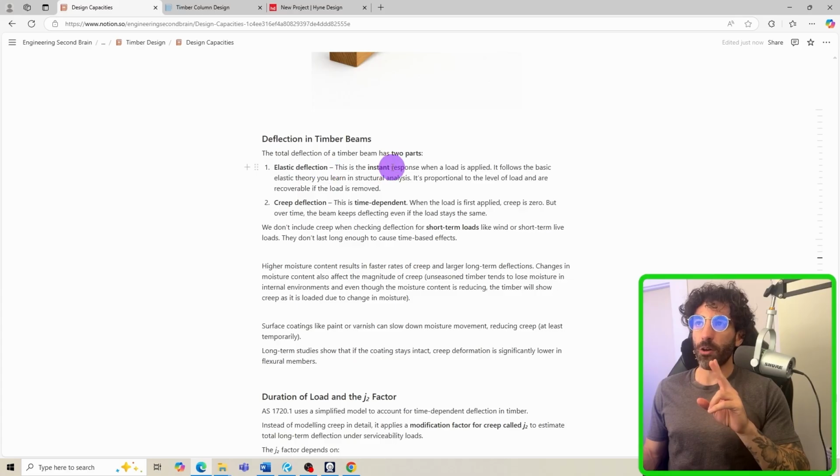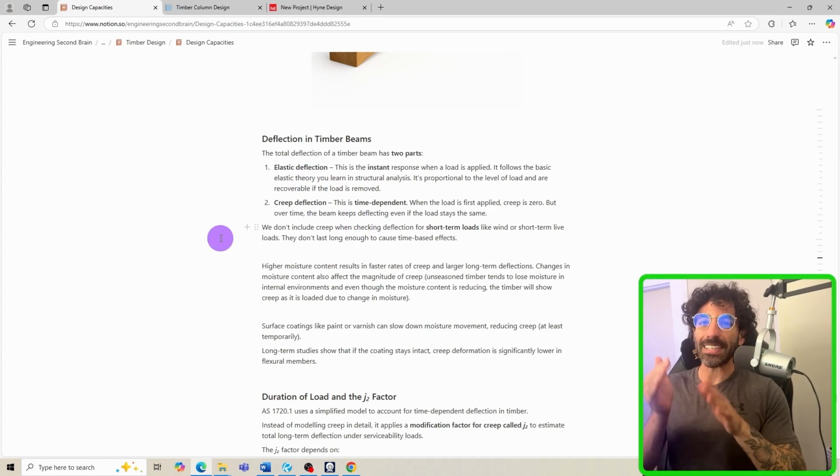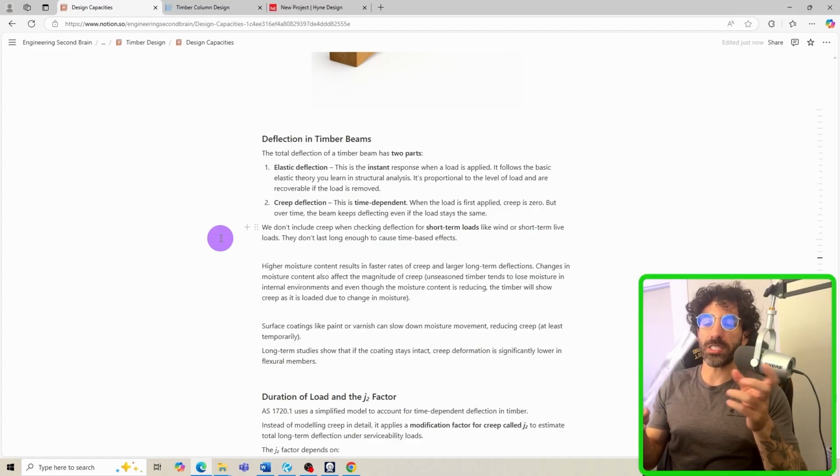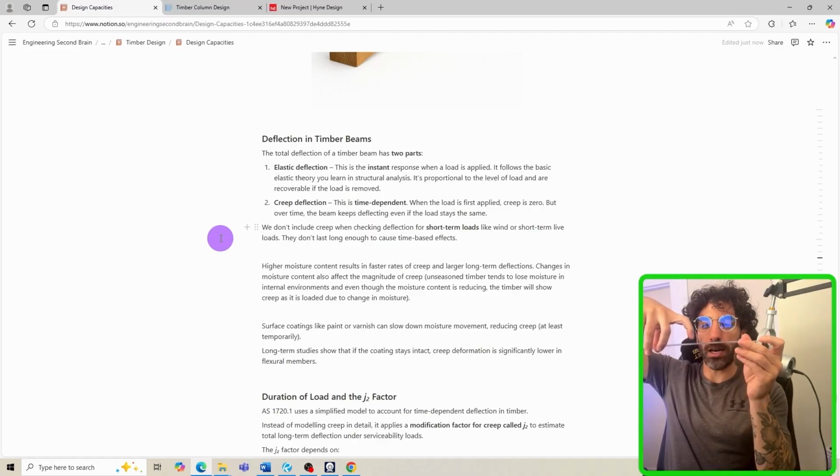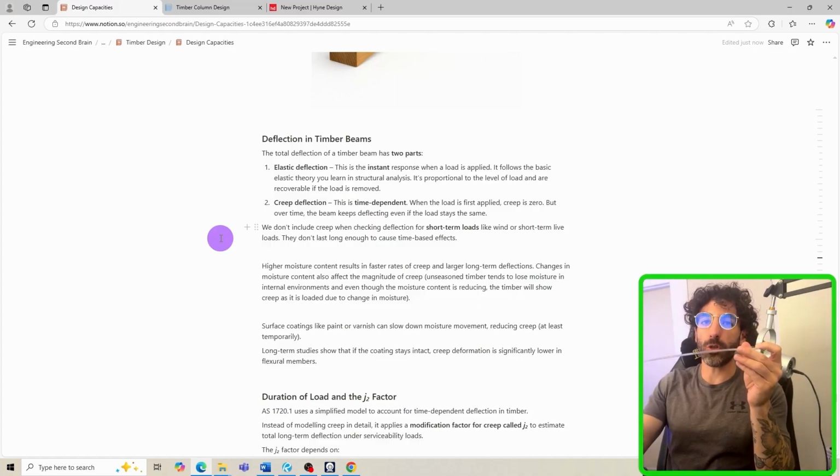The deflection of a timber beam has two components. The first one is elastic deflection, and the second one is creep deflection. Elastic deflection is instantaneous deflection in response to any load. So it's basically the elastic theory that we study, which means if we apply a load, the beam deflects straight away, and if we remove that load, the beam returns to its original position.